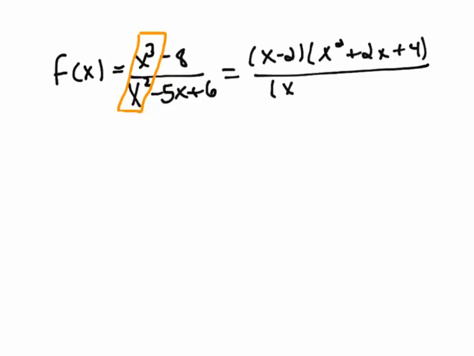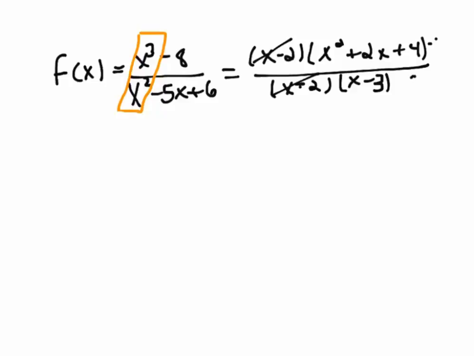If I factor that out, I get x minus 2, x minus 3. Now, these two are going to cancel out, which, by the way, means there's going to be a hole at 2, which I'm going to get to later. But for now, we're going to use long division to divide these two right here.